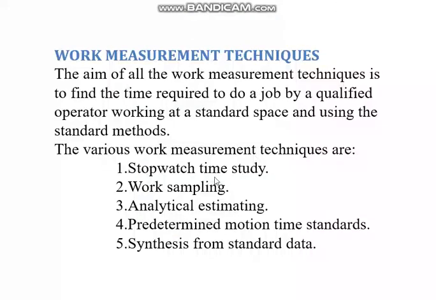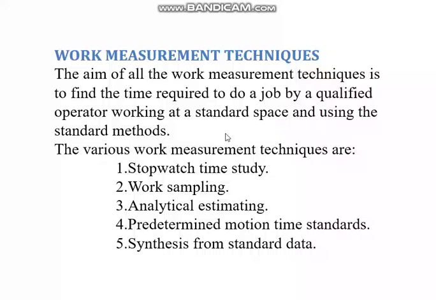Now let us discuss the work measurement techniques. The aim of all work measurement techniques is to find the time required to do a job by a qualified worker working at a standard pace. It is not that just because he can work very fast, he should work fast. That is standard pace, not space; the S should not be there, it is a spelling mistake. Pace means speed.